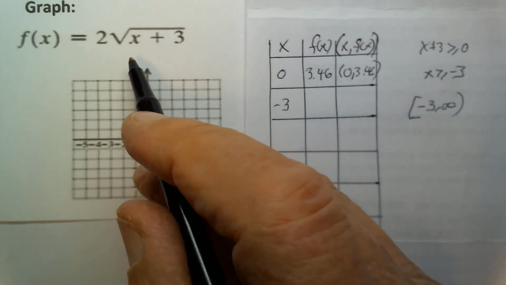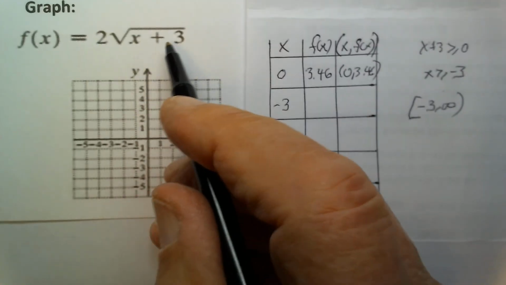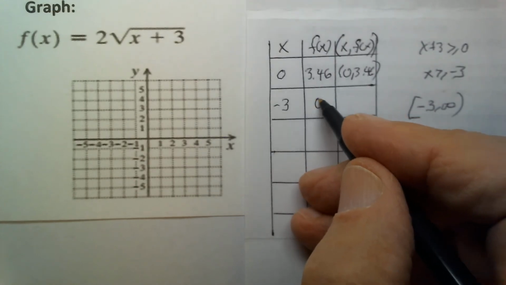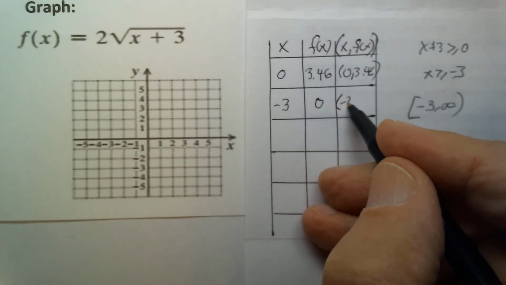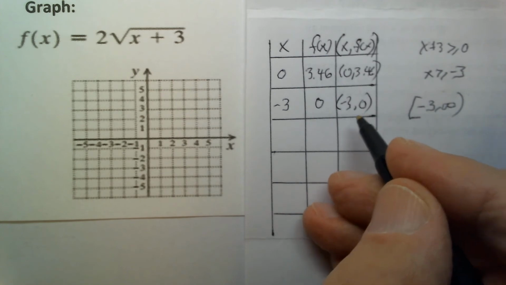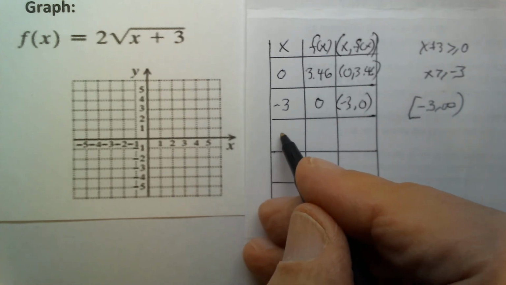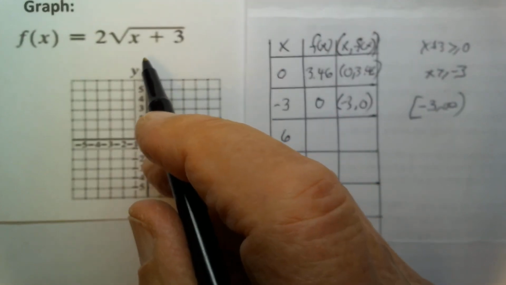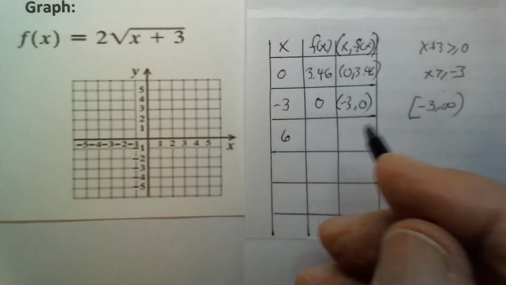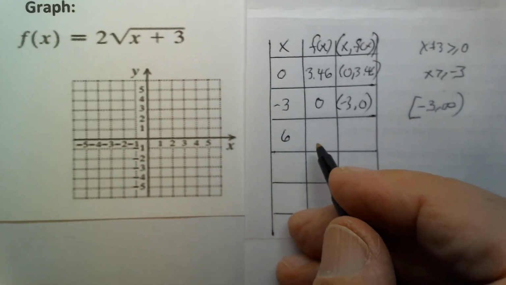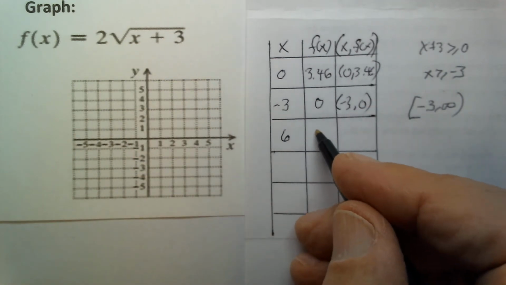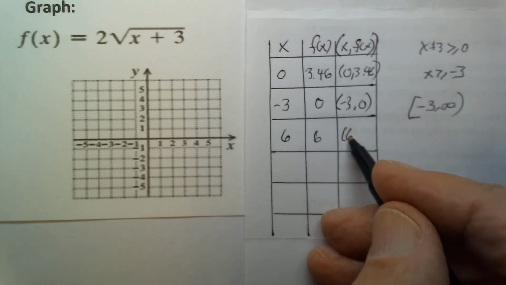Then the radicand, minus 3 plus 3, is 0, and 2 times 0 is 0. So we have minus 3, 0. And we can let x equal 6. Then 6 plus 3 is 9, the square root of 9 is 3, and 2 times 3 is 6. So there would be 6, 6.